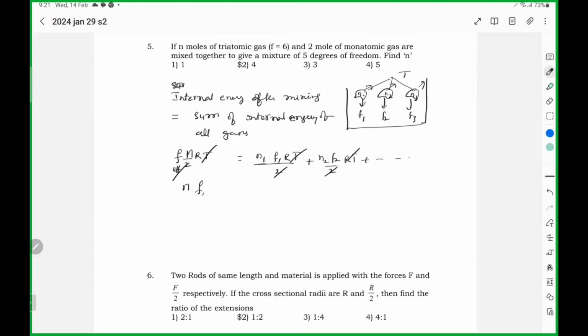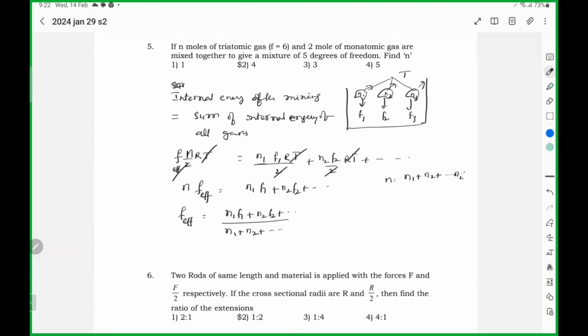N into F effective is equal to N1 F1 plus N2 F2 and so on. Here N is nothing but the sum of all moles of different gases. So F effective will be N1 F1 plus N2 F2 and so on, by N1 plus N2 and so on.